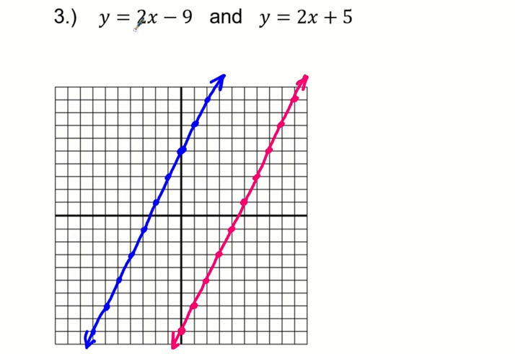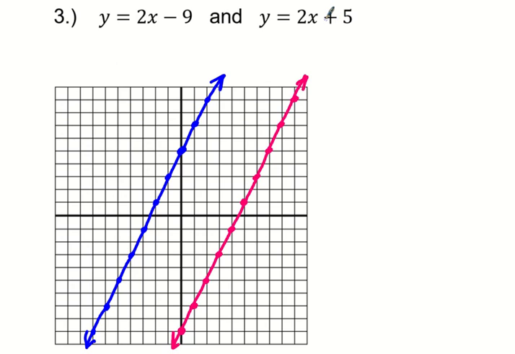So they never meet, which means, even though this equation in red has an infinite number of solutions, like (0, -9), or (1, -7), or (2, -5), or any point, whether nice coordinates or nasty, ugly decimal coordinates, this equation has an infinite number of solutions that live on this line.